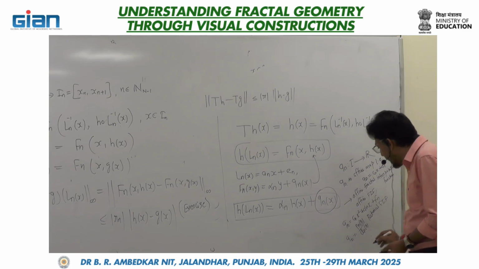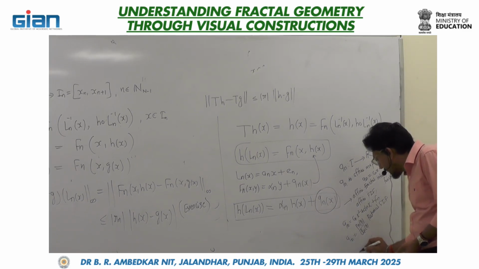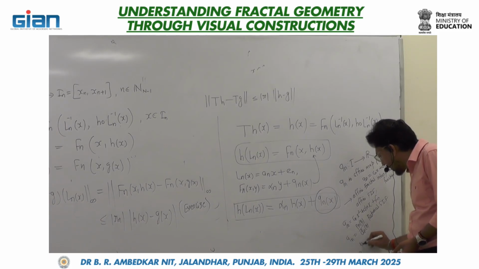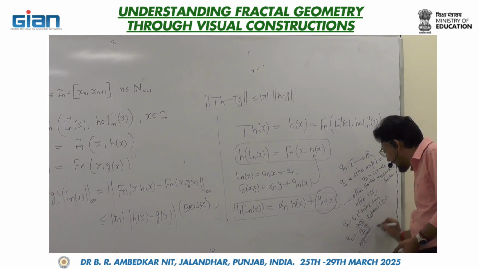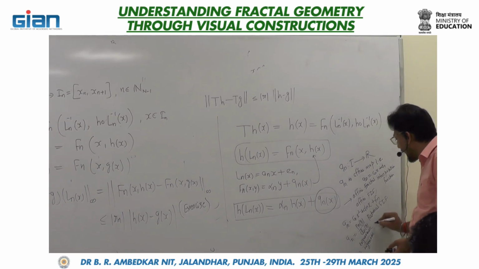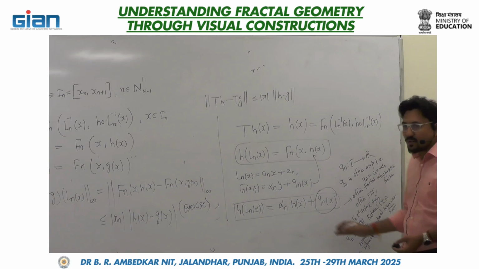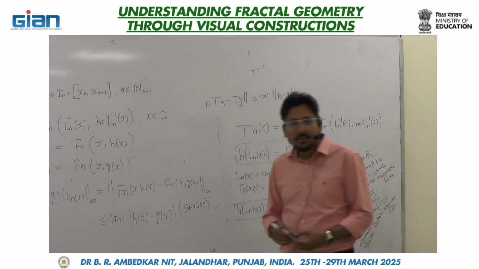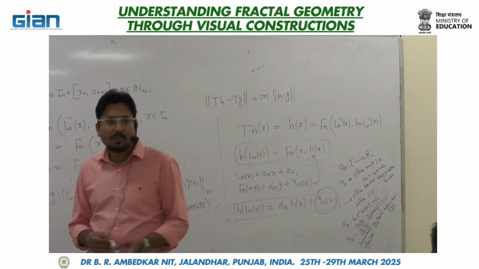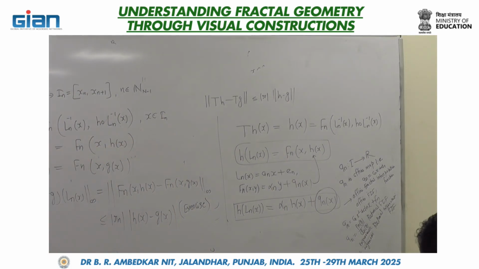Someone will take qn as a trigonometric polynomial divided by trigonometric, then what will we get? Rational trigonometric FIF. So whatever qn you choose, you will get that kind of fractal interpolation function.